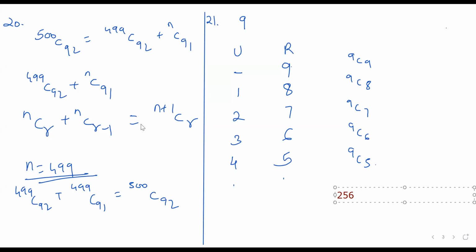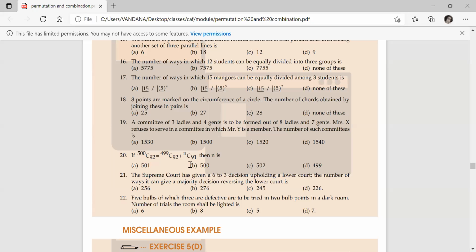Now next, sum number 22. 5 bulbs of which 3 are defective are to be supplied into bulb points in a dark room.